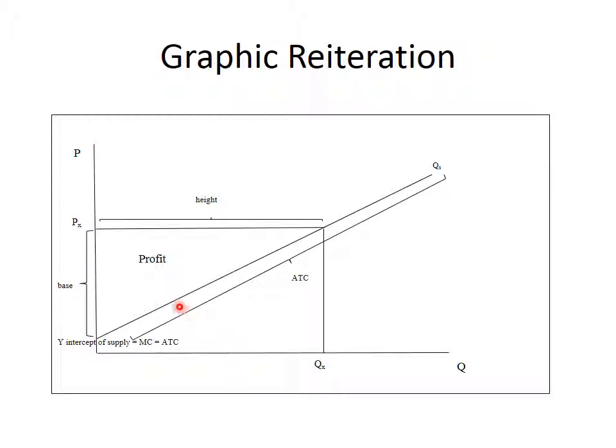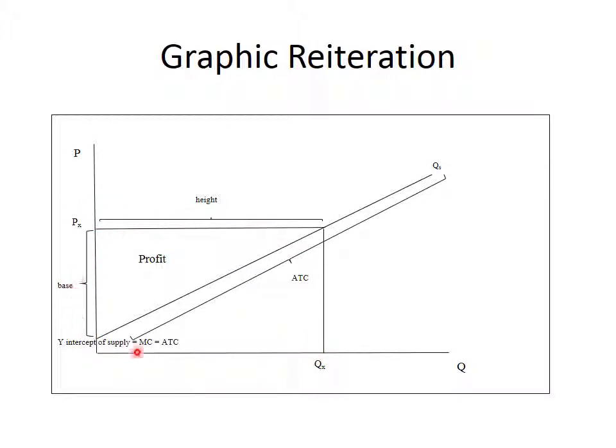And look at this, this brings it all together. We brought this up before. We said revenue was price times quantity. Here's our price. Here's our quantity. So this entire rectangular area is going to be revenue.